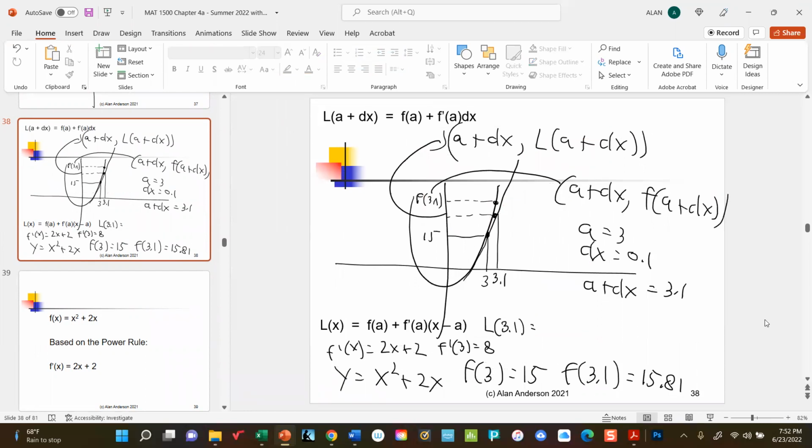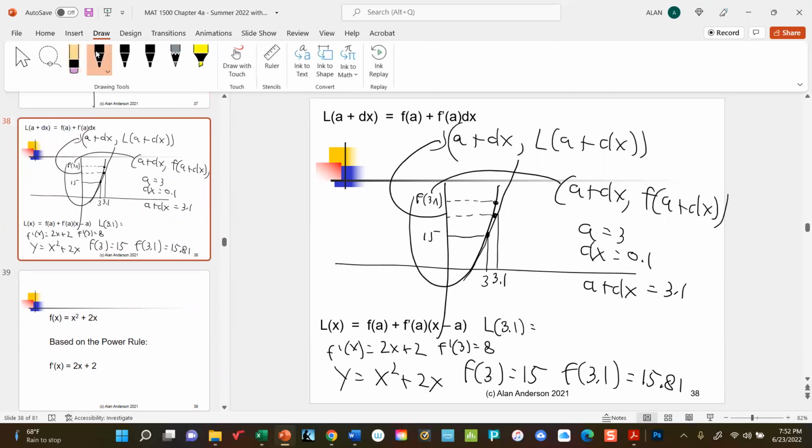Okay, so remember 3.1 is a plus dx. So f of a is the 15, plus f prime of a, the derivative when x equals 3. That's the 8. And then the dx is 0.1 by assumption. We actually choose that ourselves. So you've got 15.8 as your approximation from the tangent line. The actual value is 15.81.